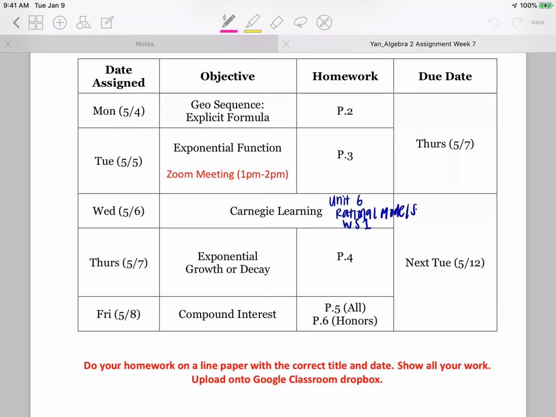And then for Wednesday, you're going to be working on Carnegie, which is Unit 6 Rational Models, Workspace 1. And Thursday and Friday, there will be another video coming out shortly. Okay, and your due dates are this coming Thursday and next Tuesday, May 12th. Okay, that's it.